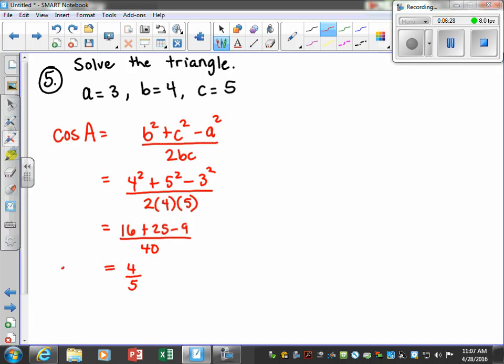So we have cosine of A equals 4/5, and to get angle A by itself, we'll take the cosine inverse of 4/5, and we'll find out that A is approximately 36.9 degrees.